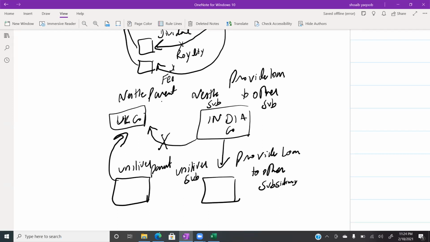Are you getting this? Look how cleverly these companies have managed to escape funds from India. Guys, it was technical, but I think now it is clear.